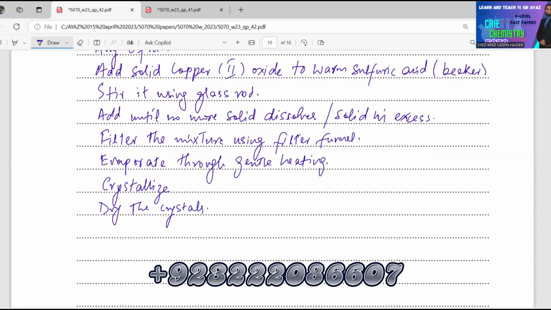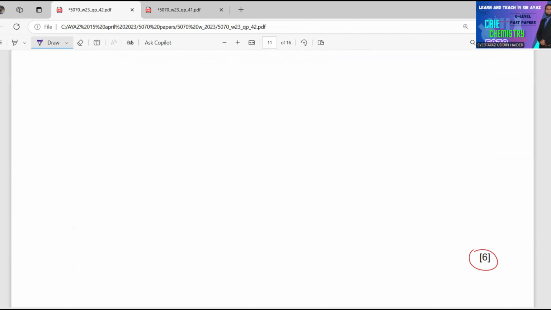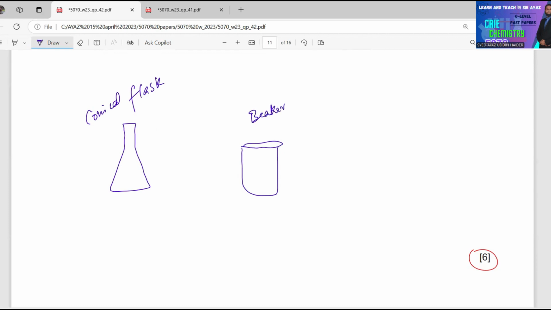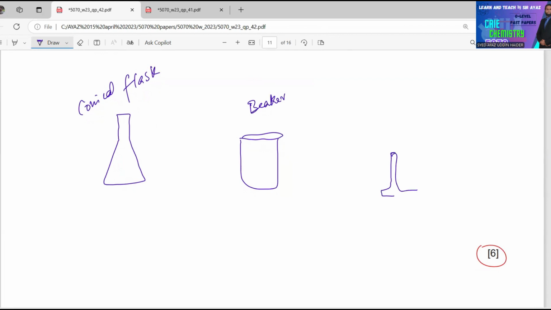For the apparatus, you can draw these: you can use a conical flask and name the apparatus also. This is a conical flask. You can draw a beaker. You are heating the mixture, so you can also draw the Bunsen burner in this case.